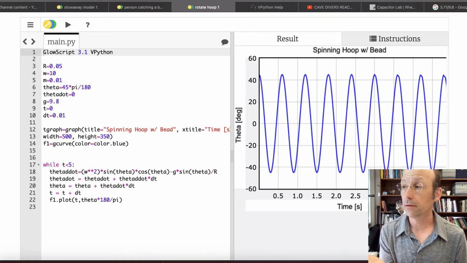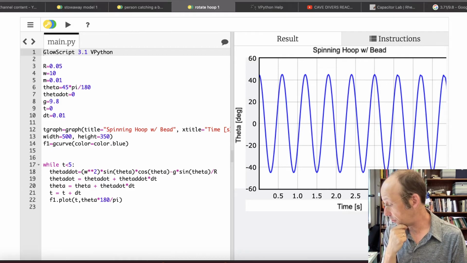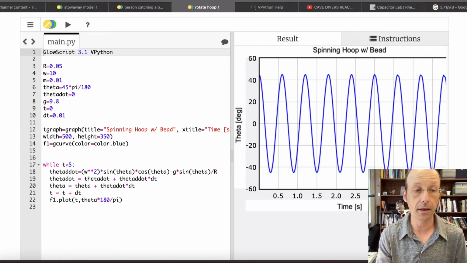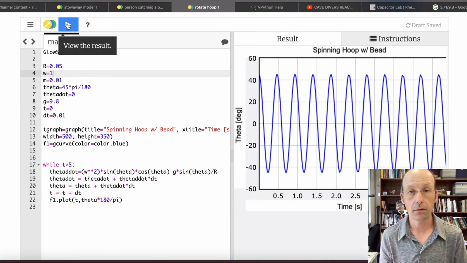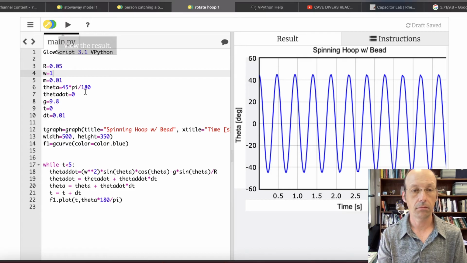Or how about this? What if I put omega to 0? Then this should just be like a pendulum. Yeah, it does. If I put omega at 1, very low, it looks the same. Put omega 0.